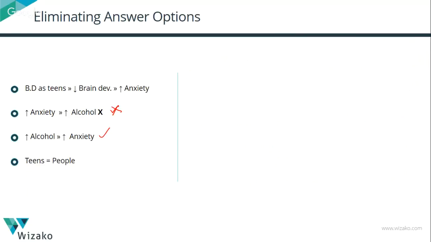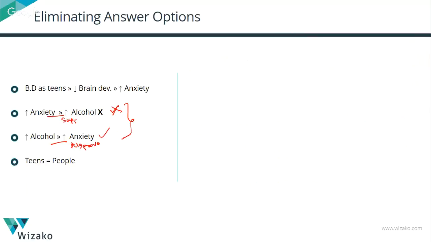So when you have this negation that is happening in the argument, to weaken it, you can disprove either one of these two, right? You can say the original belief is actually true, that it's anxiety that is making them drink alcohol and not the other way around. Or you can say alcohol doesn't necessarily contribute to anxiety. That does not necessarily happen. You can either disprove this link, or you can support this.